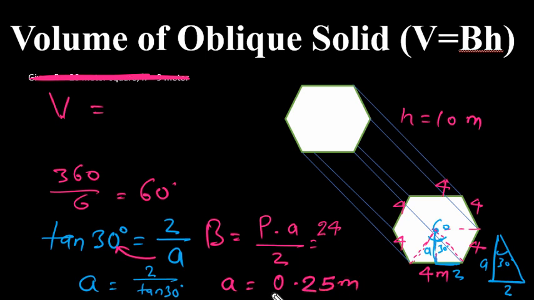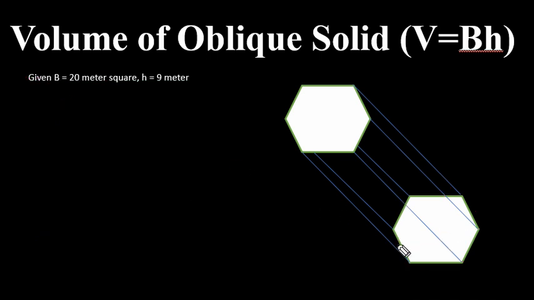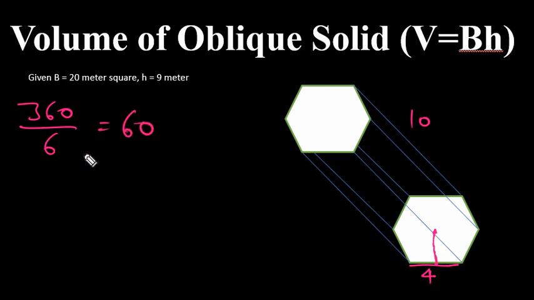Now you need to watch it again to understand this, or I can summarize again what we have done. I have given you the base side is 4, this side is 10. The apothem distance we need to find. So the total angle is 360, total sides are 6, so 360 divided by 6 will be 60.